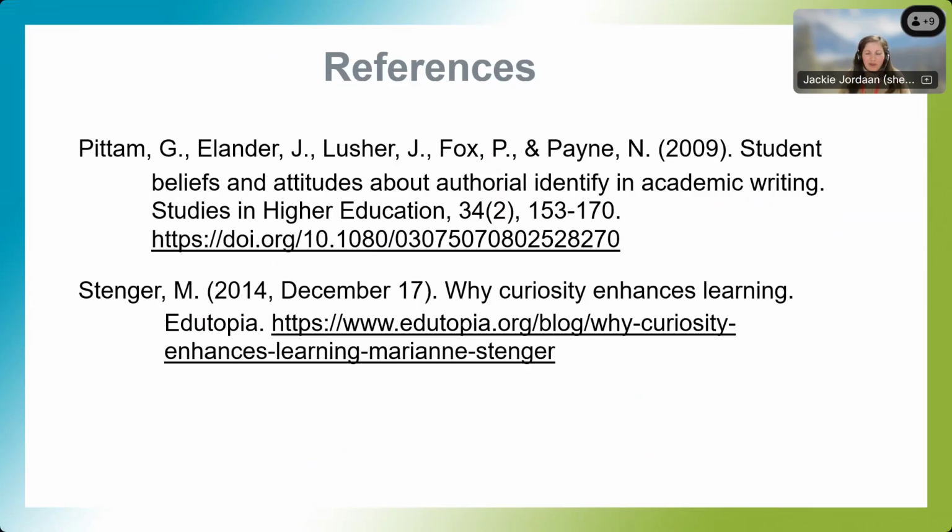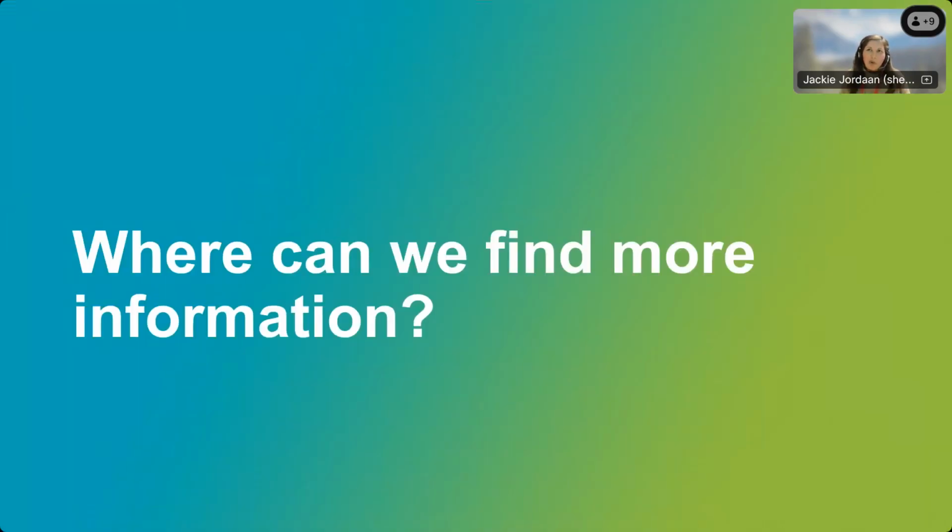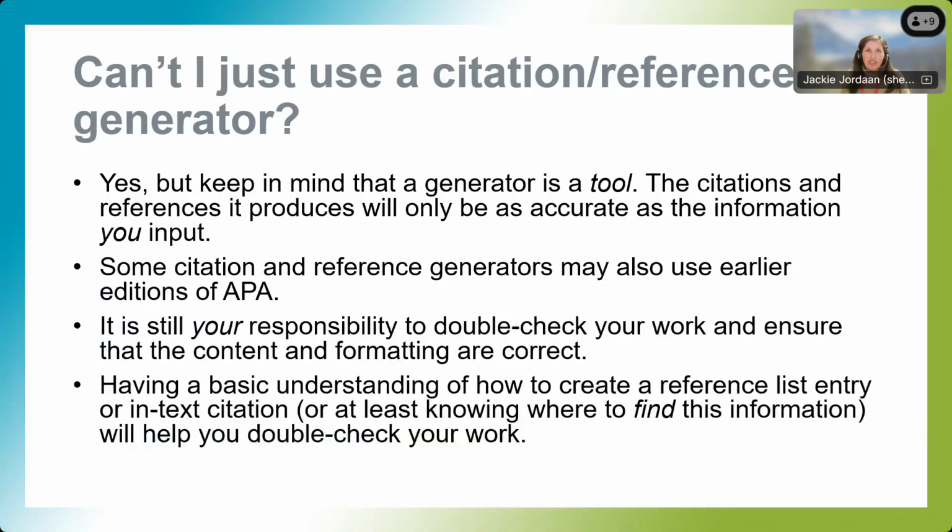Okay, so very quickly, where can we find more information? Before we quickly dive into that, I just want to mention about a citation or reference generator. Often we get asked, is it okay to use a citation or reference generator? Yes, you can. Remember, it is a tool. It's there to help you navigate and fulfill your assignment requirements.